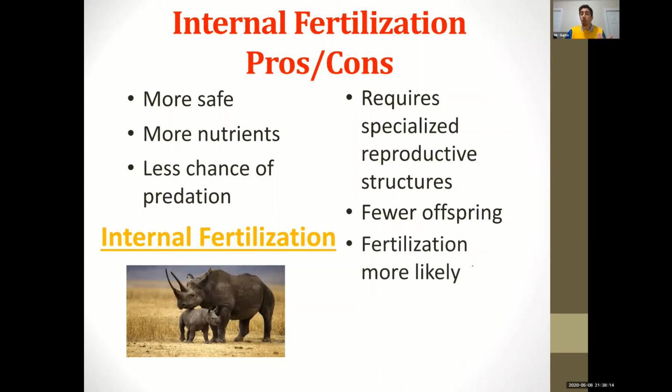And another pro of internal fertilization is that fertilization is more likely because once again, the sperm and the egg are coming into close contact with one another inside of the female. In external fertilization, the sperm and the egg are released into the river or the stream, for example, and the probability of the sperm and the egg coming together in the sea is much lower.